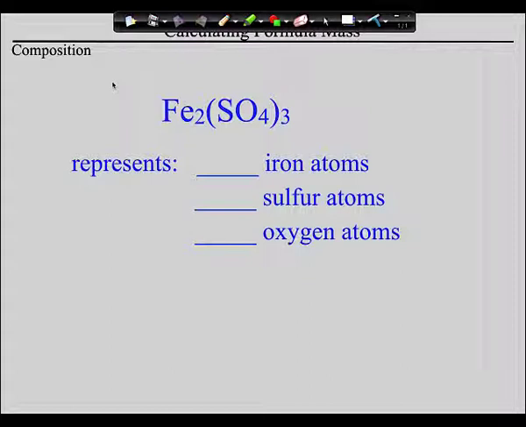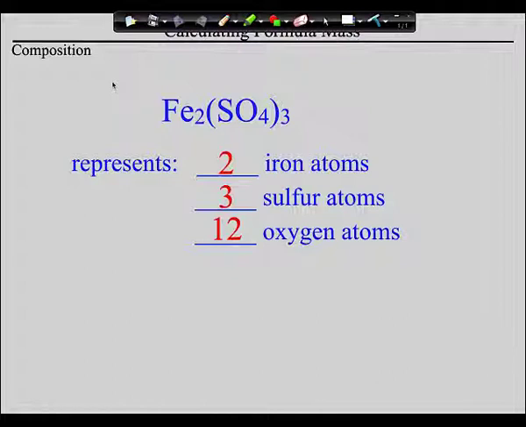Thus the abbreviation doesn't matter. So guys, how many iron atoms are in this compound? 2. How many sulfur atoms are in this compound? 3, right? Because there's 1 in each SO4, but there's 3 SO4s. 1 times 3 is, of course, 3. And then how many oxygens? An even dozen. You get the idea?